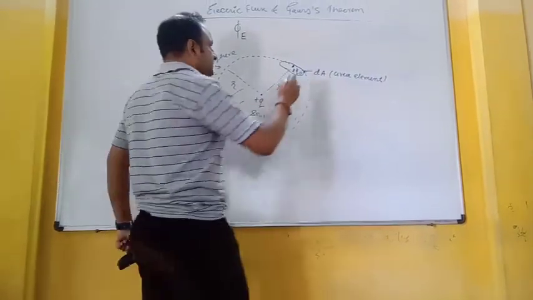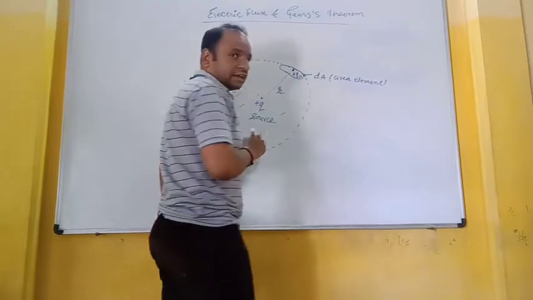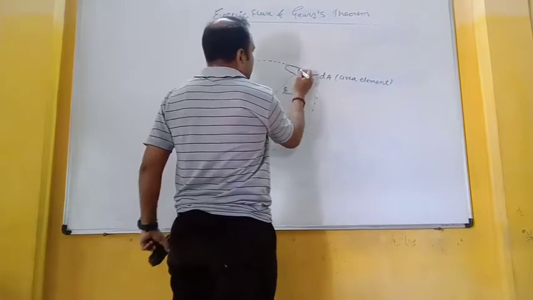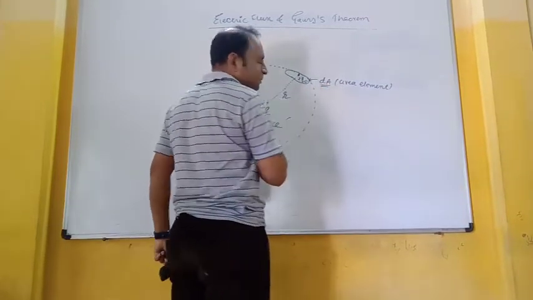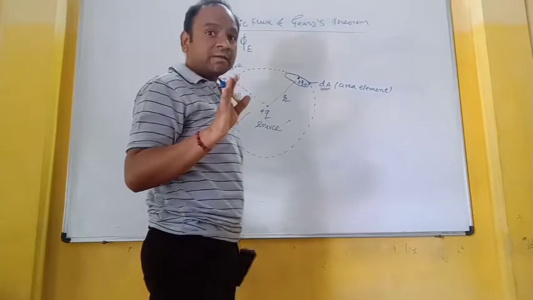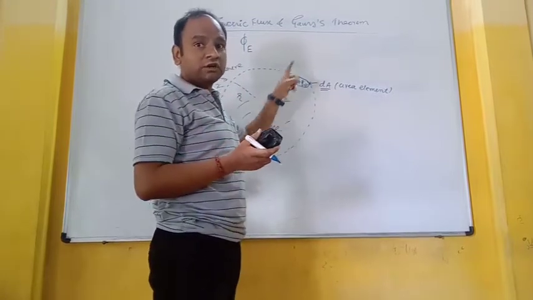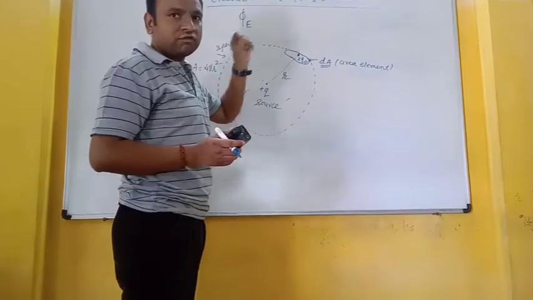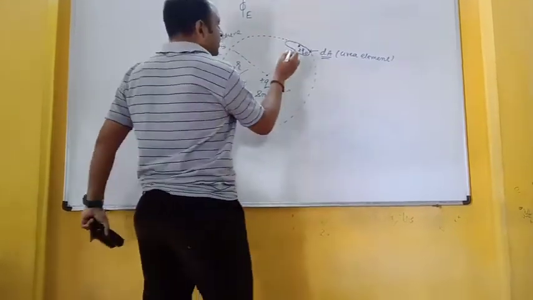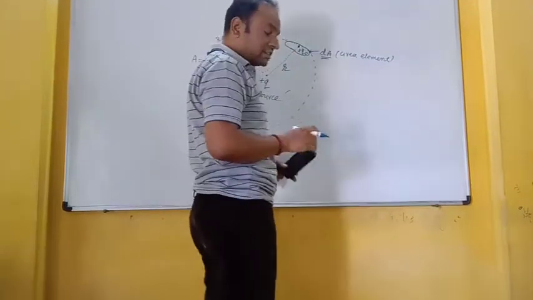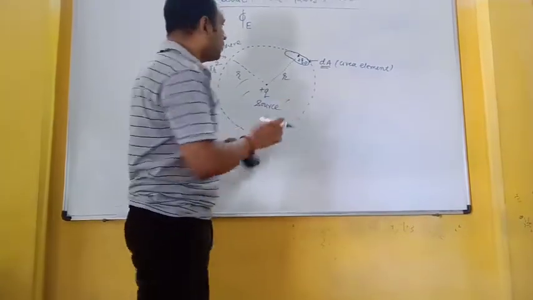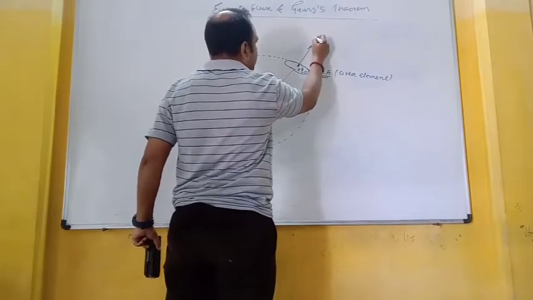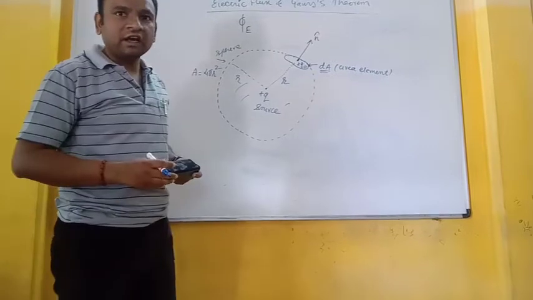Now again, what is electric flux? We define the area vector: its magnitude is dA, and its direction is given by the outward normal drawn to the area. Since we have taken the surface as a sphere, the direction of the area vector, the outward normal, will always be radially outward.